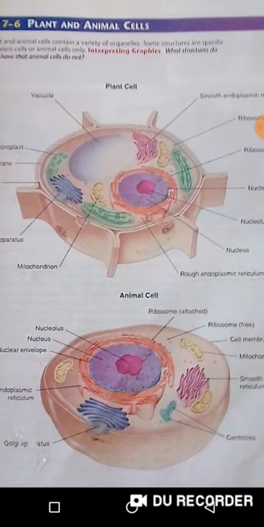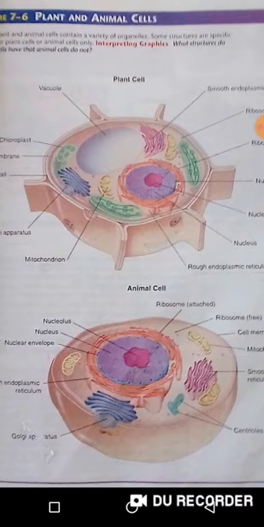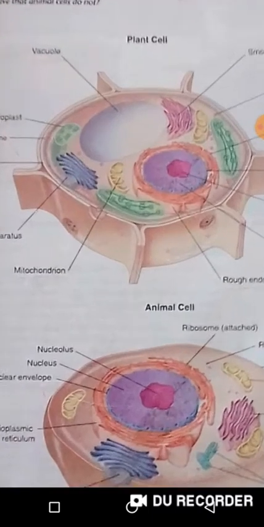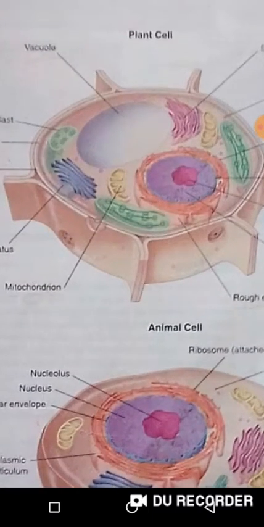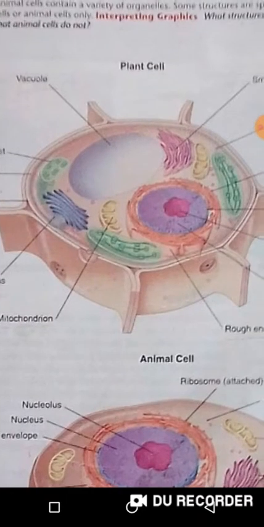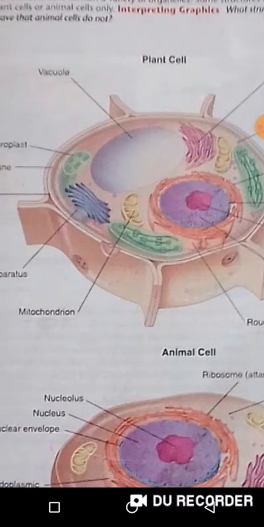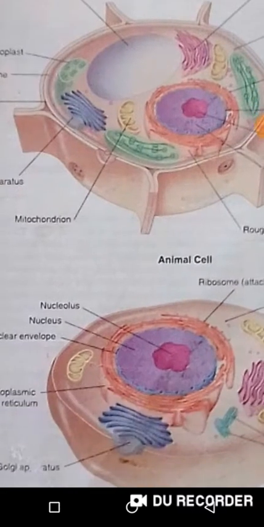You see that they have things in common, and you can also see the structure of these two cells. The animal cell down here is roundish, while you can see the way this plant cell looks. It shows some differences from the animal cell.